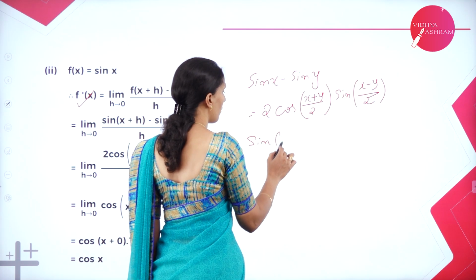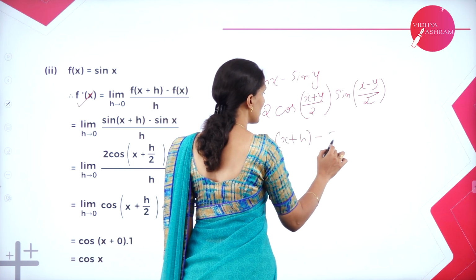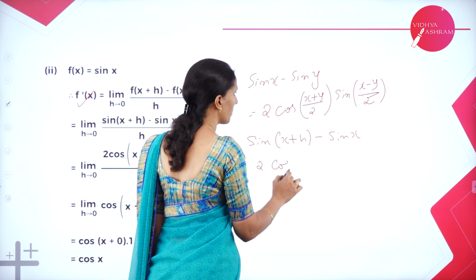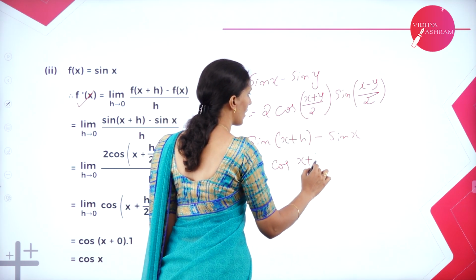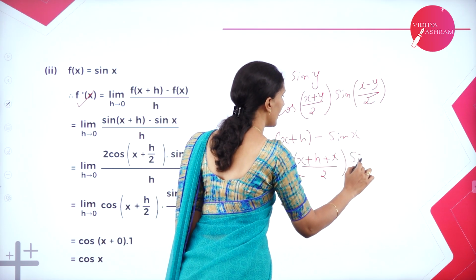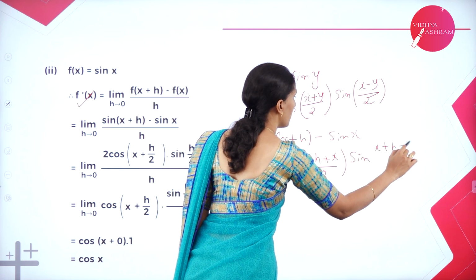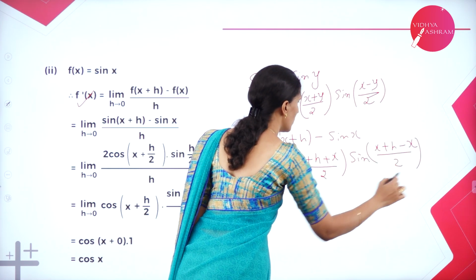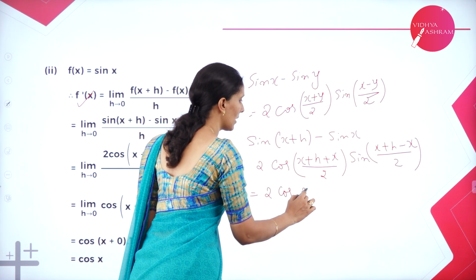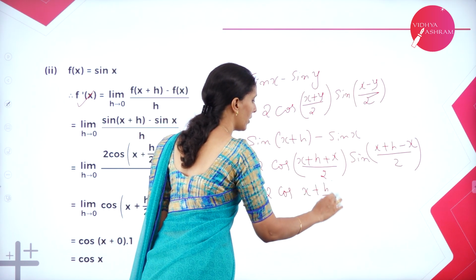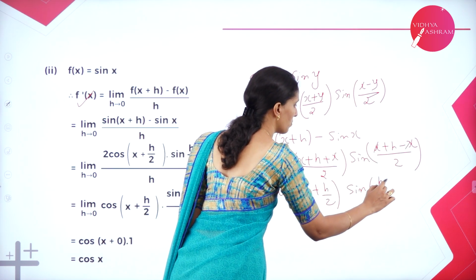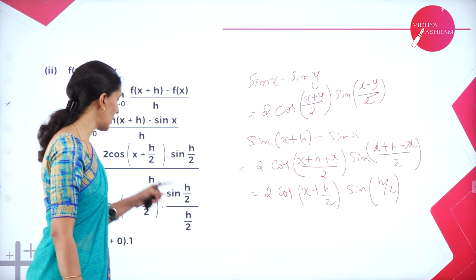You have this in the form of sin x plus h minus sin x. Now when you write this, this is 2 cos x plus h plus x by 2 sin x plus h minus x by 2. So here you will get 2x. So 2x when divided by 2, it becomes x plus h by 2 into plus x minus cancels. So sin h by 2. So this is how you got the result for this step.